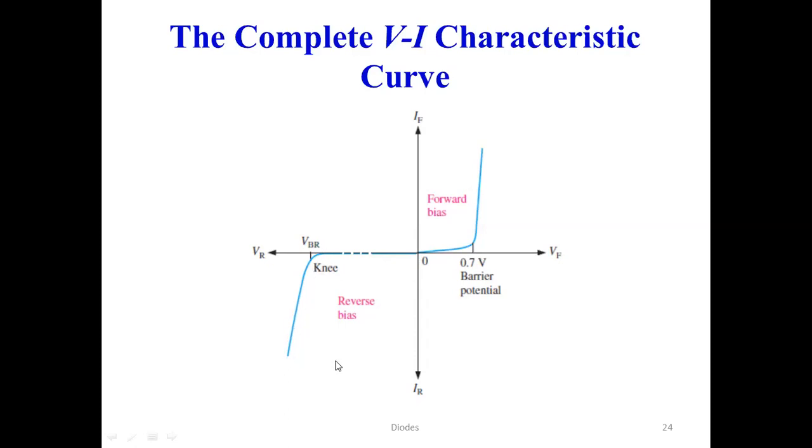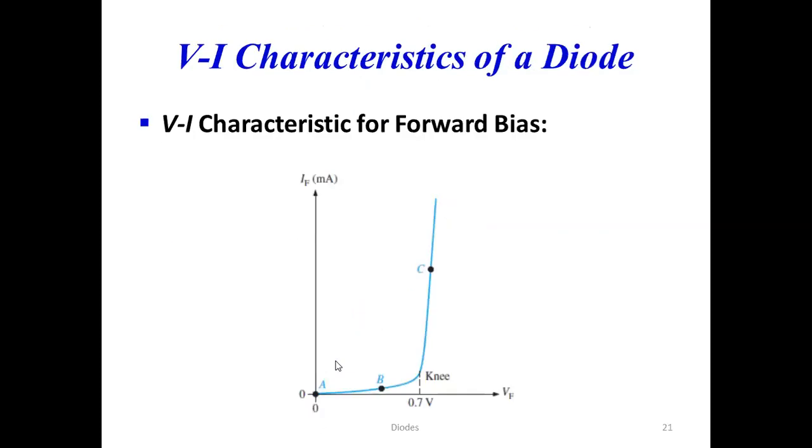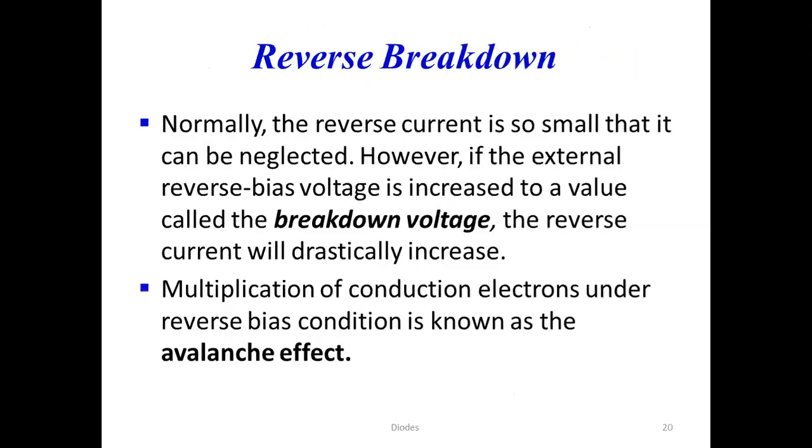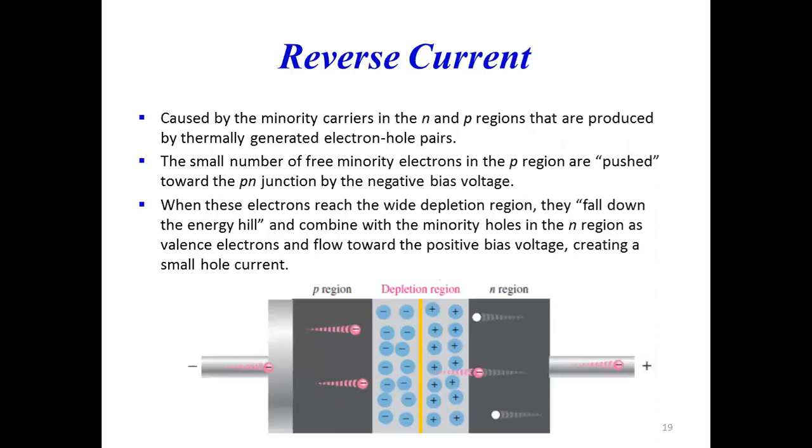So what is happening in that avalanche breakdown? We know that we are getting reverse current because of minority carriers. Whenever I am increasing reverse bias, the voltage across this depletion region is increasing.